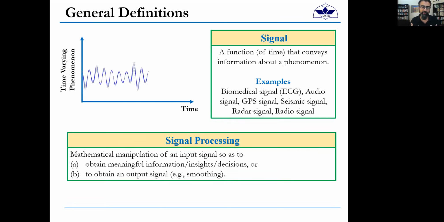And then, if you know what signals are, then there's something called signal processing, right? Which, as you see on the screen, is mathematical manipulation. So mathematics is extremely important here. So there's a mathematical manipulation of an input signal so as to obtain some information or insights or a decision, in the sense of, okay, whether the lockdown should open or not, right?